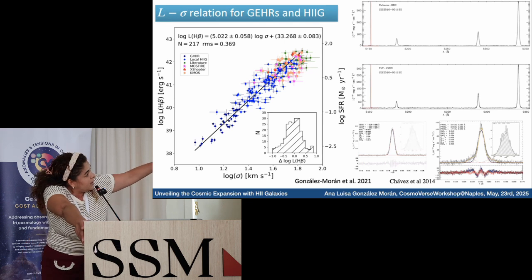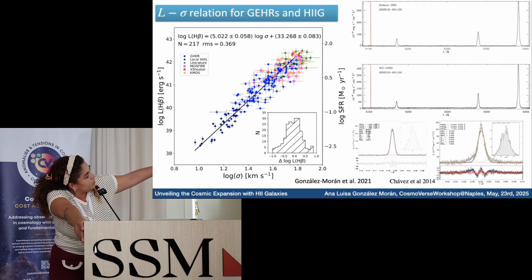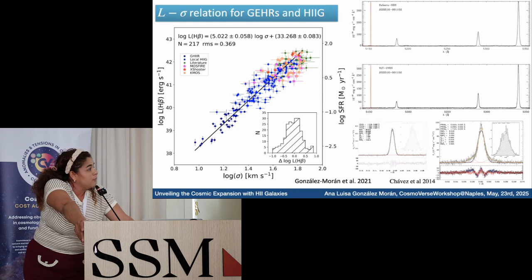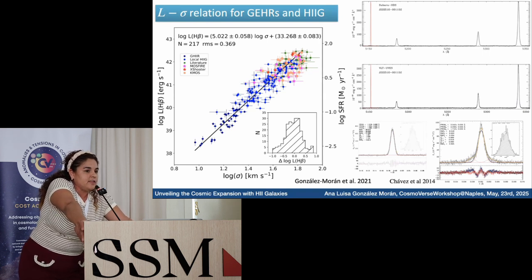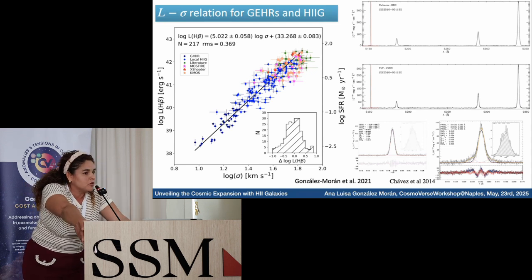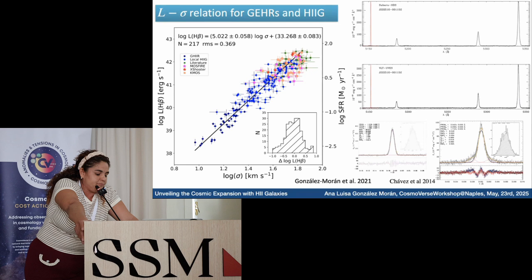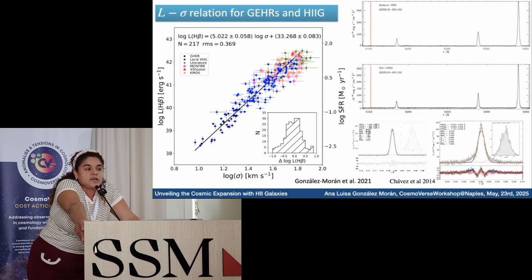On the bottom, the same, also our local sample, but using VLT, also a very high spectral resolution spectrograph. And the profiles that we are observing I show you in the bottom plots. Most of the targets in the local H2 galaxy sample have a Gaussian profile.